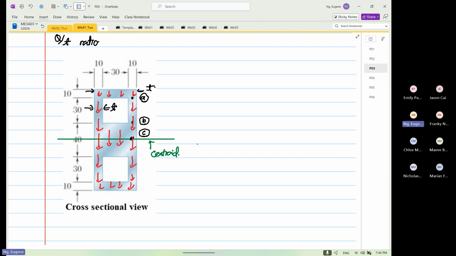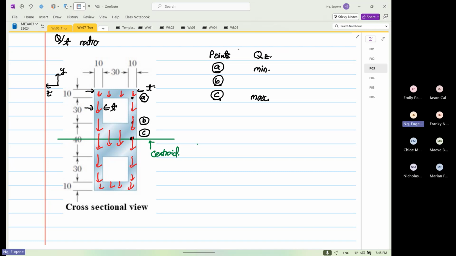Constant. So we look at points A, B, C. If you look at the Q, with our transformation, this is the Y, this is our Z. If we look at QZ, point A will have the minimum QZ. Point C will have the maximum QZ.